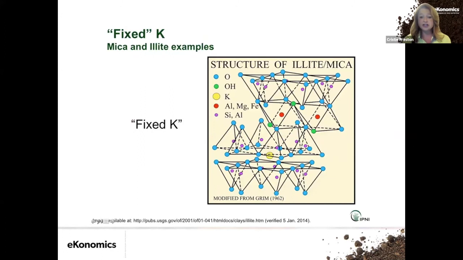To give you an illustration of an illite/mica clay, the potassium is the yellow circle, and it can be trapped within these clay layers within the soil mineralogy.